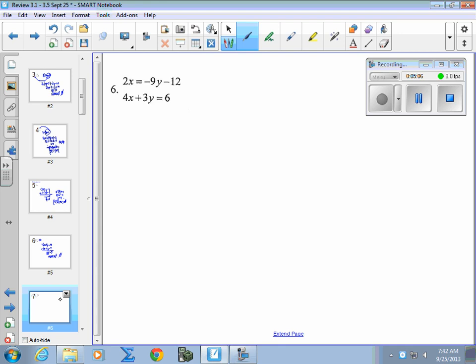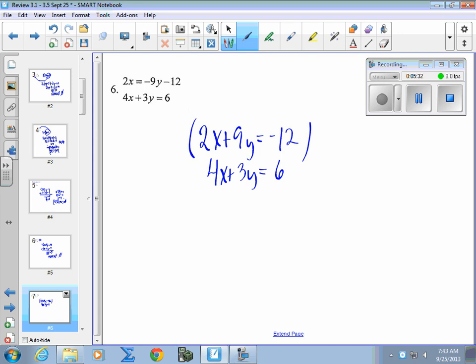Number 6, we need to rearrange the order of this. So we have 2x plus 9y is equal to negative 12, and 4x plus 3y is equal to 6. So what do we want to eliminate, x or y? All right, so we'll multiply the top equation by negative 2 and get negative 4x minus 18y is equal to 24.